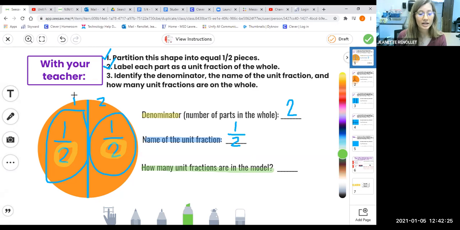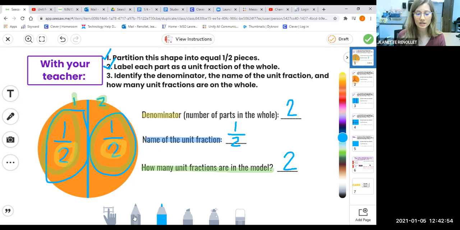So I remember I counted 1, 2 equal parts. I labeled 1, 2 as 1/2. So my unit fractions, how many are in the model? I count twice that we wrote 1/2. So 2 unit fractions are in the model.